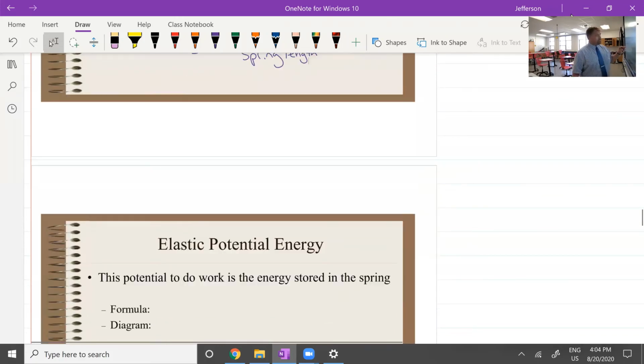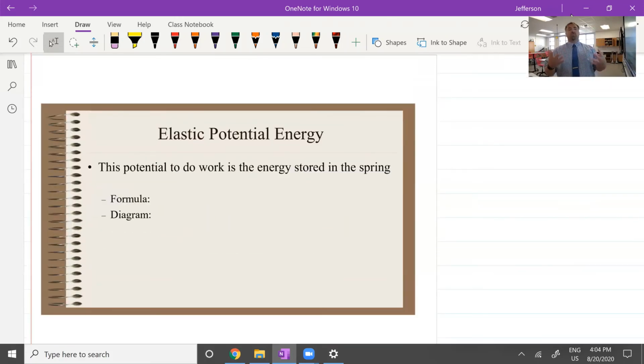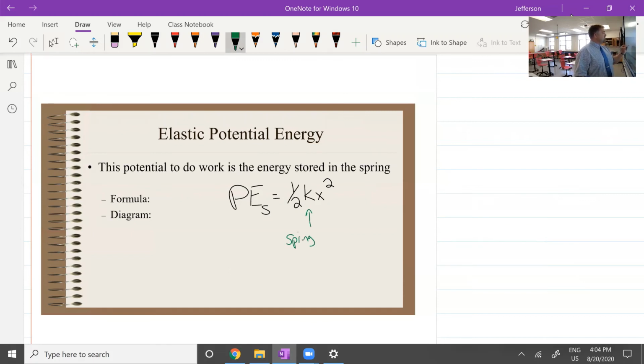Now, there's a special formula here, and we're going to discuss it in more detail tomorrow. The potential energy stored in a spring, and you'll find this in your reference tables, is equal to 1/2 k x squared, where k is known as the spring constant.